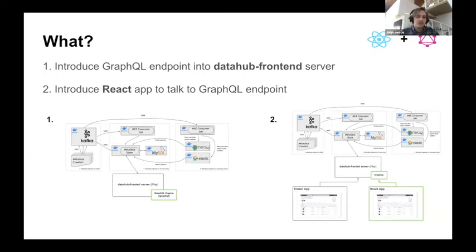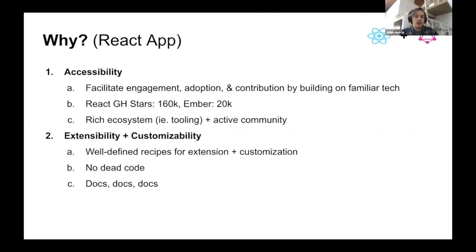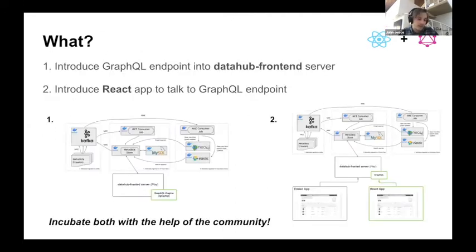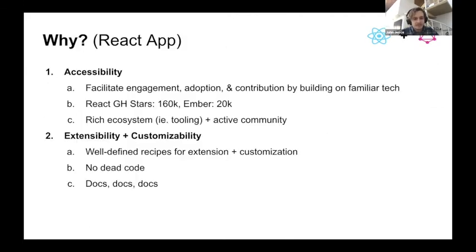Next I'm going to talk about why I chose to introduce these two things. But maybe before I do that, one point: what I'm hoping to get out of this is to be able to incubate both of these pieces with the help of the community over time and iterate on them collaboratively.